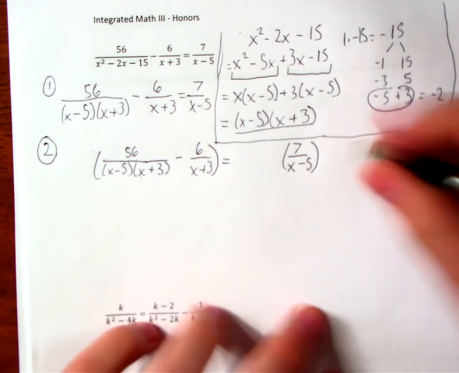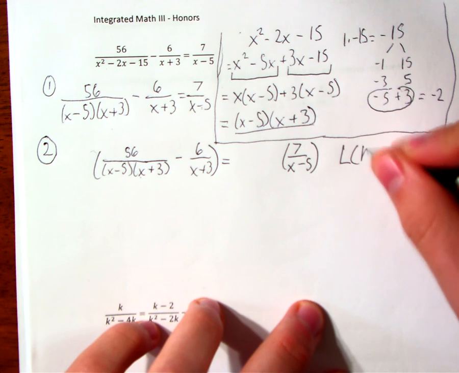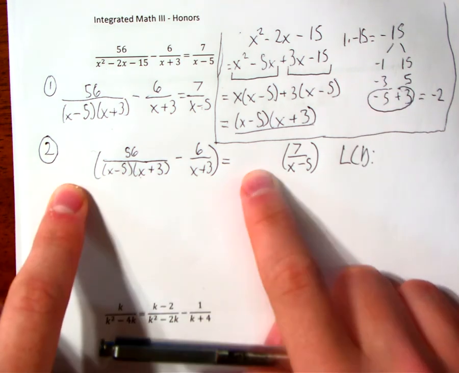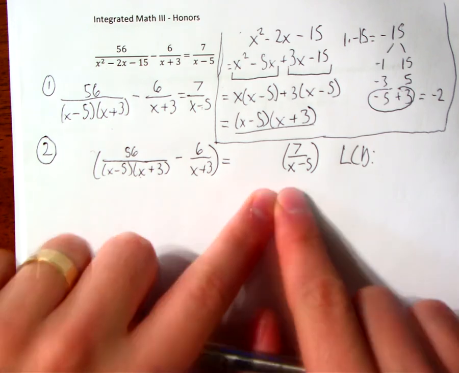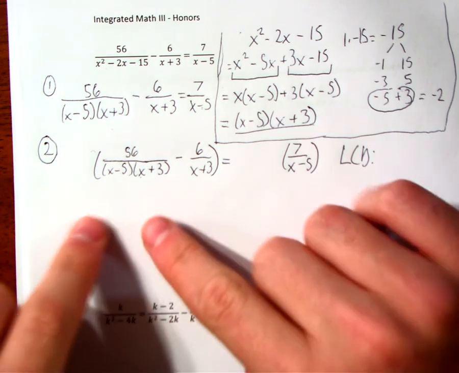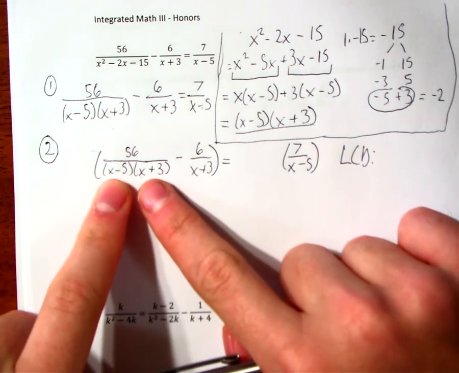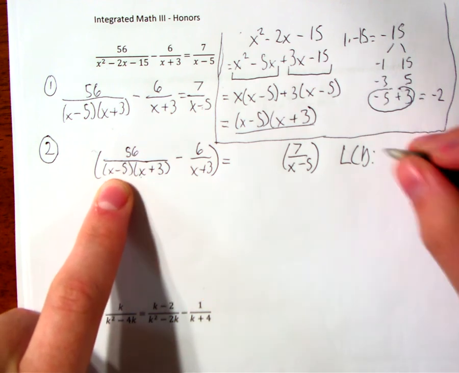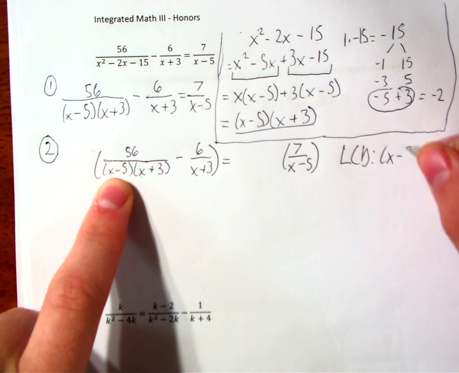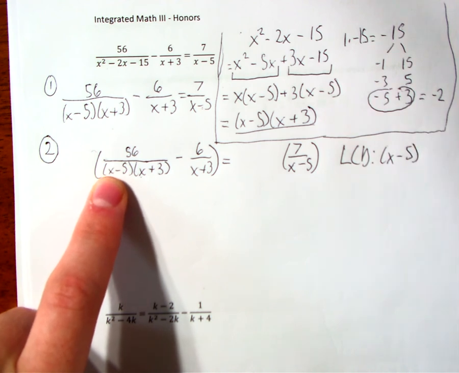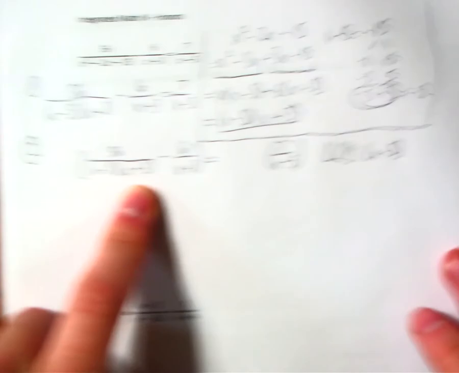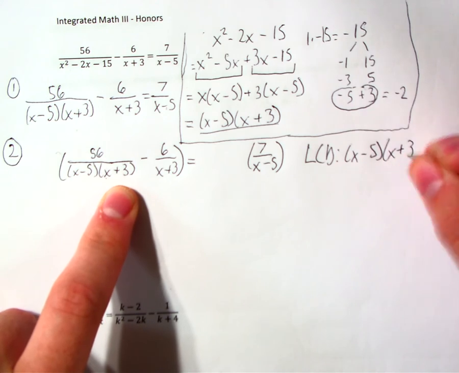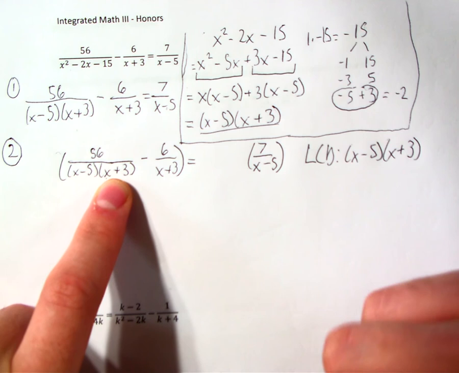Now I've got to find some least common denominator that, if I multiplied both sides by it, would cancel all of my denominators. So what's the denominator of my first rational expression? I've got x minus 5. If I'm going to get rid of that, my least common denominator has to have an x minus 5 in it so that I could cancel it. And it's also got an x plus 3, so my least common denominator has to have an x plus 3 in it to cancel that factor.